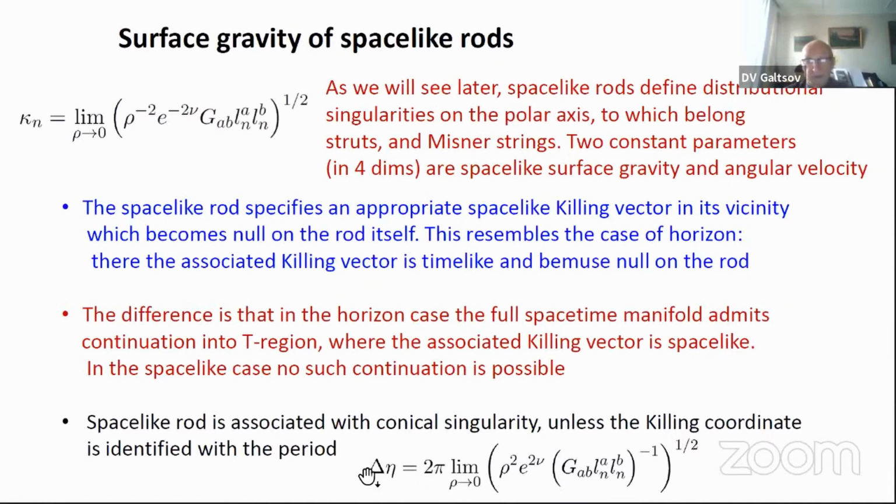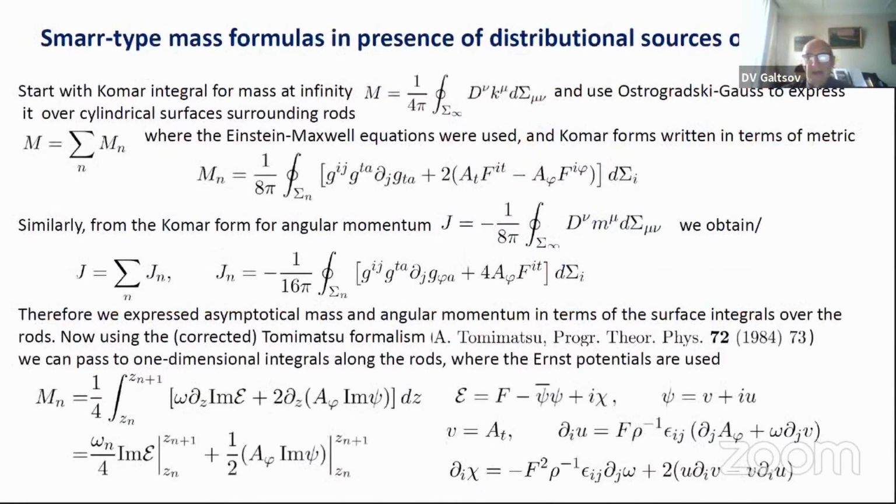So the period of the coordinate eta, for which this vector will be d eta, just the Killing coordinates, will be 2 pi by the limiting value of that thing. If you do not do this, you will get a conical singularity. But actually for struts, you don't need to do this. But you consider this as a physical defect.